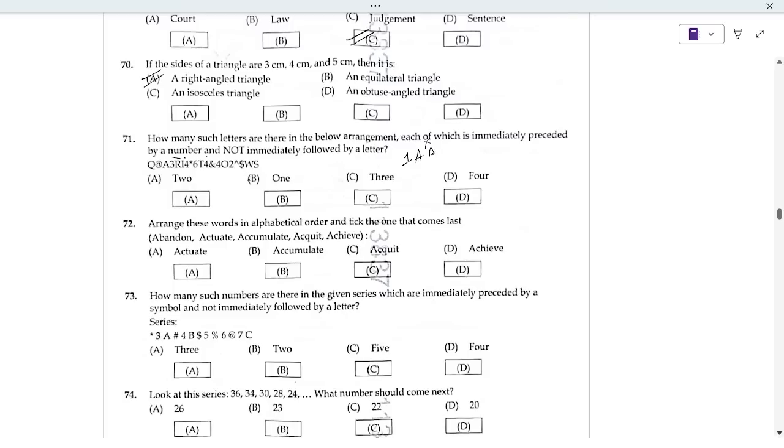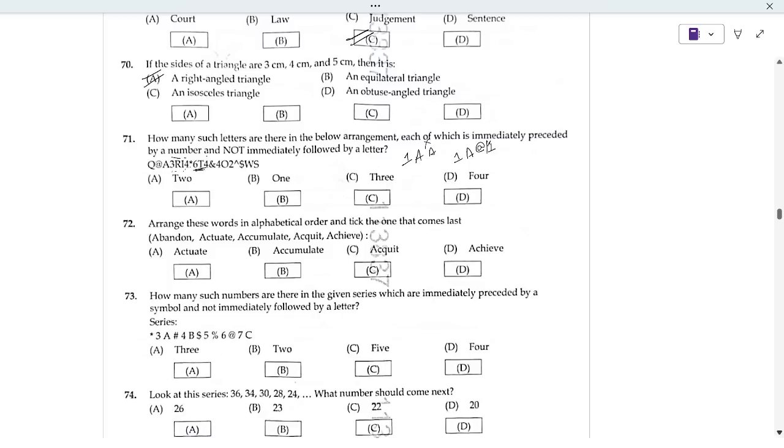Let's cross check it. How many such letters are there in the below arrangement, each of which is preceded by a number and not immediately followed by a letter? So here we have number, letter, and then a number or symbol.